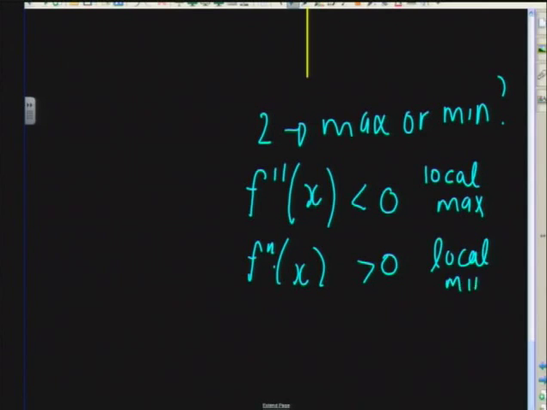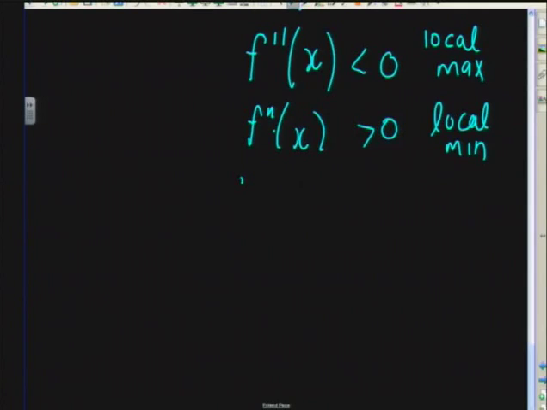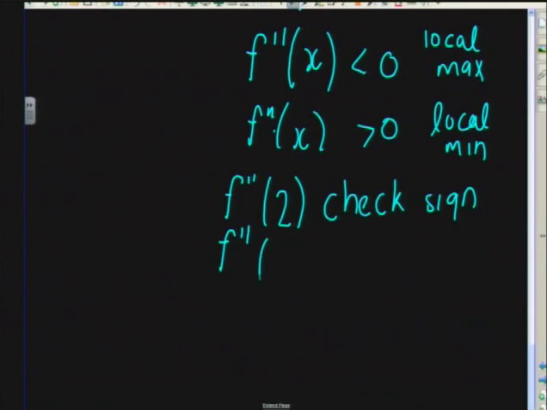So what you would do, and I'm not going to do it, but I want you to try it at home, is take the 2, substitute it into the second derivative and check the sign. Okay, is it positive or is it negative? Check the sign of the second derivative and then also check the sign of the second derivative at 6 and see whether it's going to give you a local max or a local minimum.